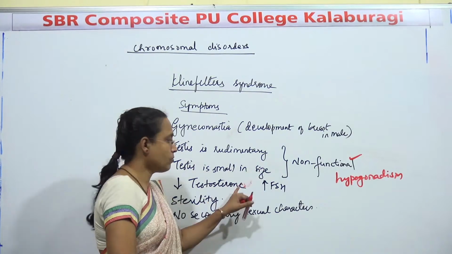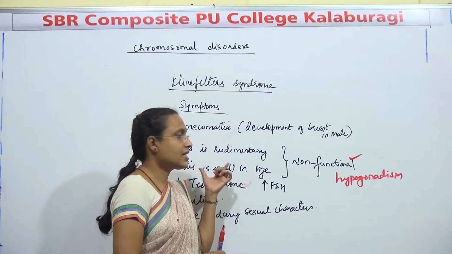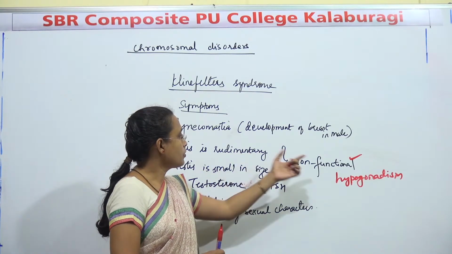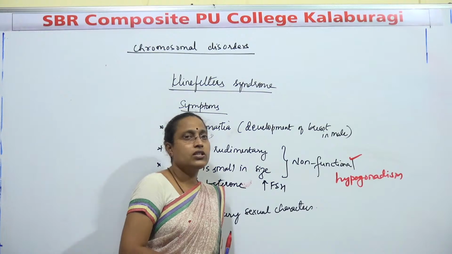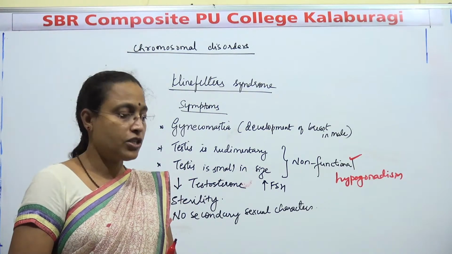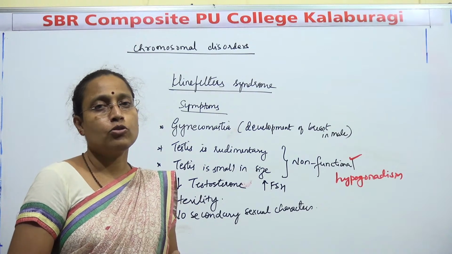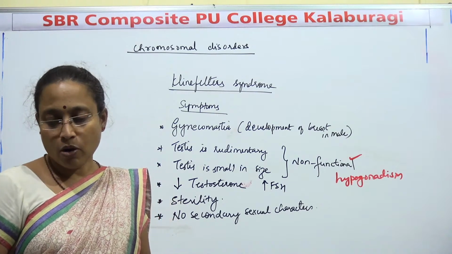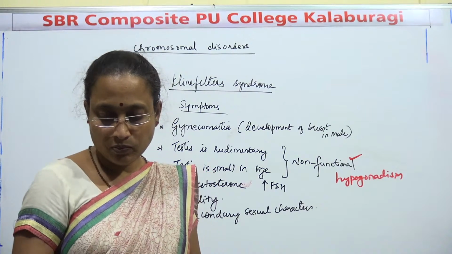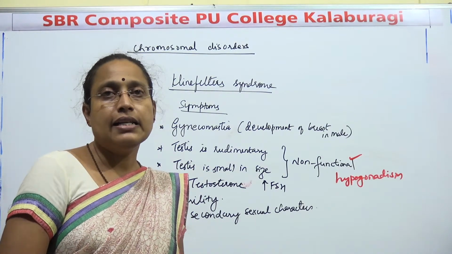When the testis is smaller in size, it becomes non-functional, rudimentary. That condition can also be called hypogonadism, and due to hypogonadism there is a decrease in testosterone. So this was about Klinefelter syndrome.